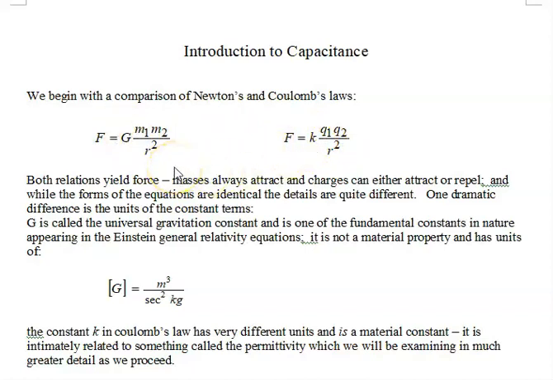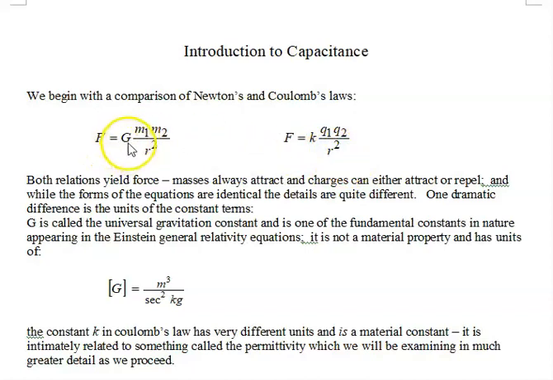Well, there are certainly similarities. They're both inverse square laws. The force of attraction of masses is inversely proportional to distance squared. The force of attraction or repulsion of charges is inversely proportional to the distance squared.